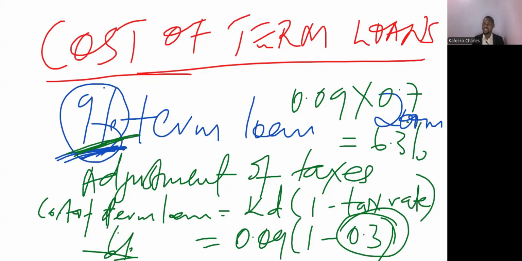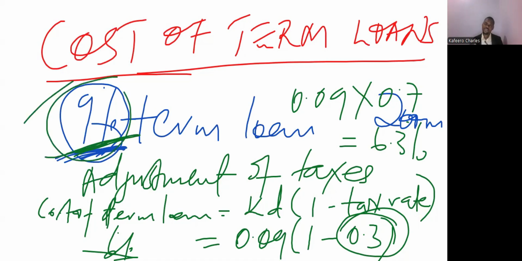The reason why we didn't include tax in our cost of equity is because dividends are not tax deductible. But we all know that for the cost of debt, of course, you are paying interest. Like for instance, this one is 9%.